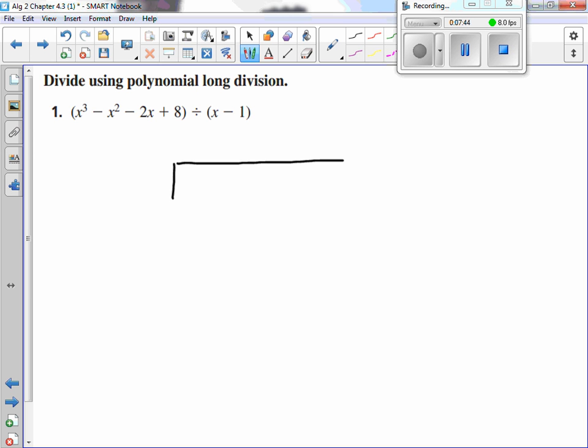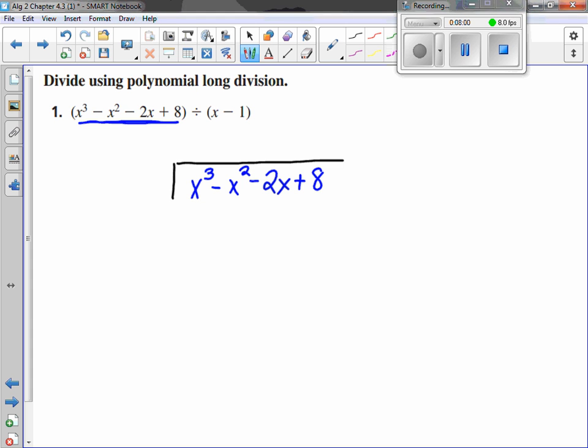Now, this here goes inside: x cubed minus x squared minus 2x plus 8. It has to be written in standard form. Both of these, when we do long division, have to be written in standard form. What we'll go over tomorrow is synthetic division.